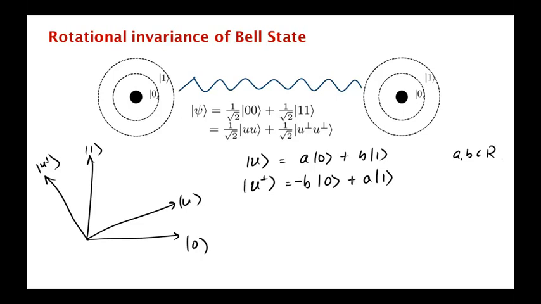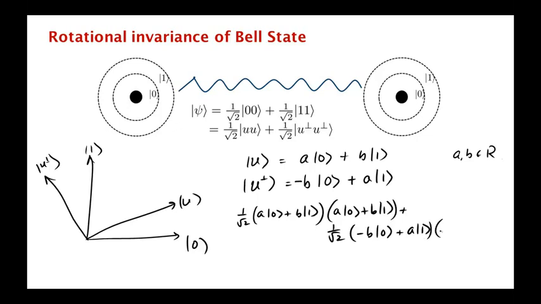And now what you would do is you would substitute this into this formula, and you'd say, well, what's 1 over square root 2 times U,U? It's just A0 plus B1 times A0 plus B1, plus 1 over square root 2 times U perp,U perp, which is minus B0 plus A1 times minus B0 plus A1.